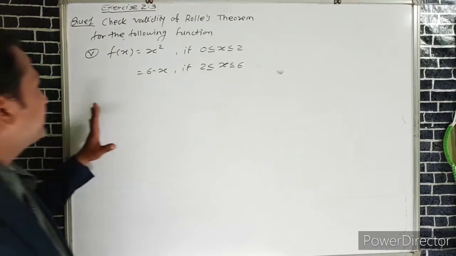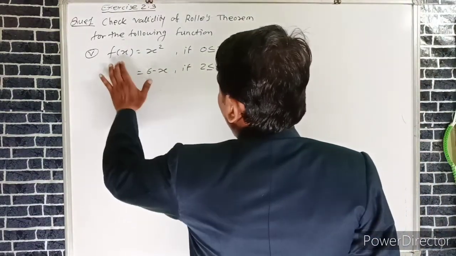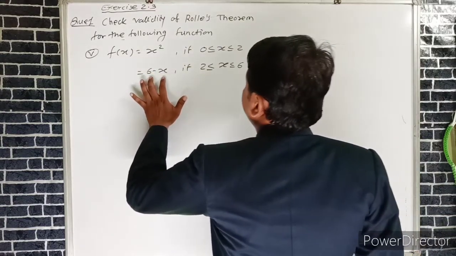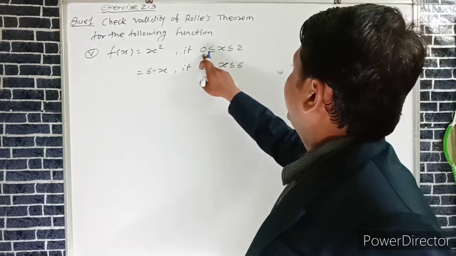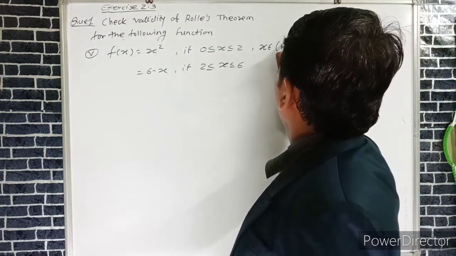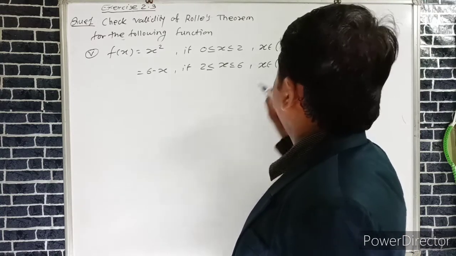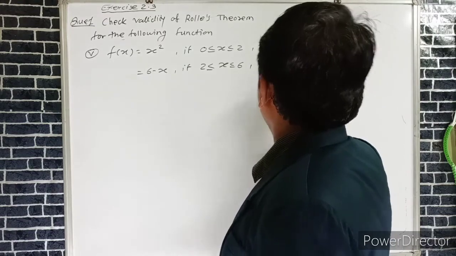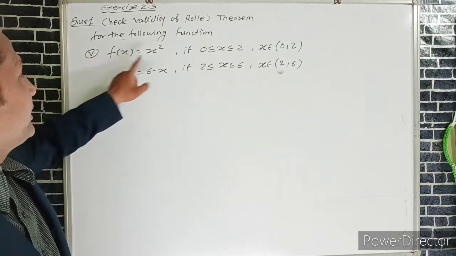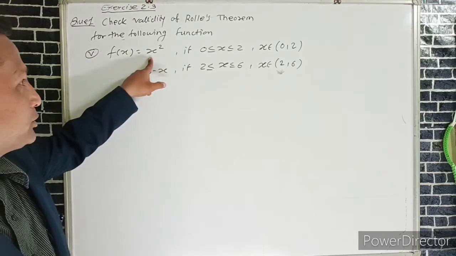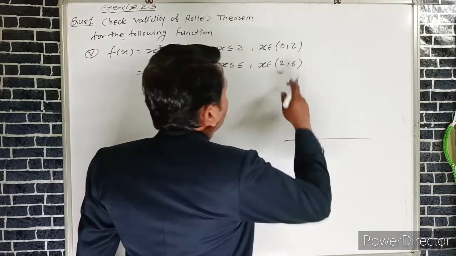So example number 5: f of x is equal to x square, and again another function is given, f of x is equal to 6 minus x. Here x belongs to 0, 2 for the first, and x belongs to 2, 6 for the second. So for f of x equal to x square, the interval is from 0 up to 2.